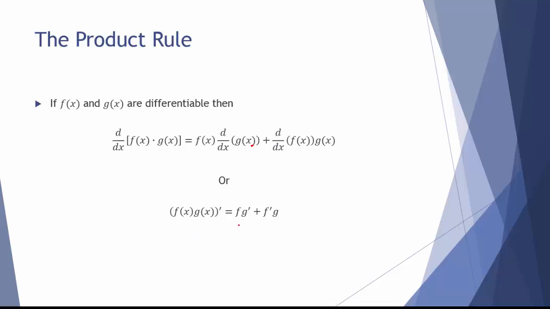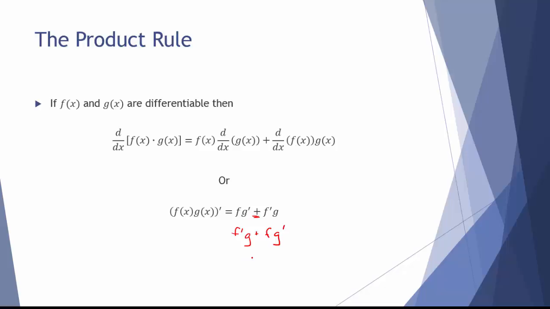The good news is, in some ways, the order of this doesn't matter. Because this contains addition, and remember, addition is commutative, I could just as easily write this as f prime g plus f g prime. It means the same thing. Also, these are each individually products, and multiplication can go in any order. It's commutative as well.